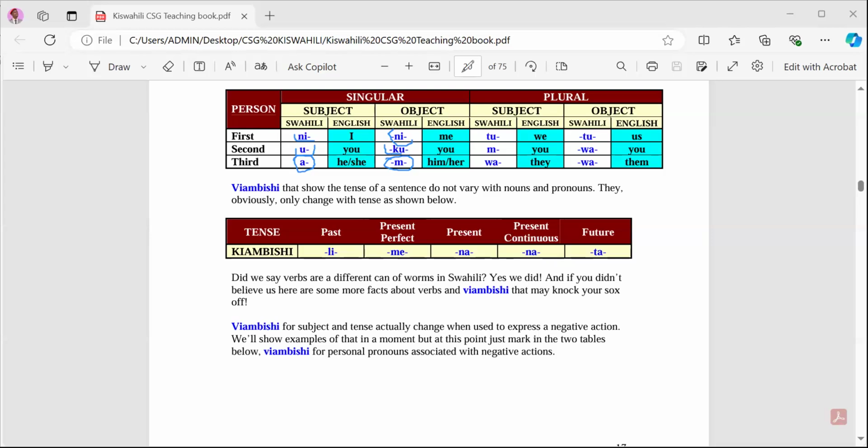Any question there before we move to the plural part of the object? No. Okay. Let me do the side screen here a bit to help expand. So we said in the first aspect is mimi ninafundisha.